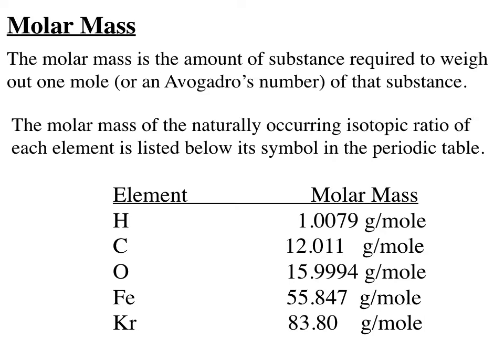Even though we have now defined this quantity that we call the mole, that does not make it the go-to trick for chemists as we are determining how many atoms or molecules of a particular type we are using in a sample.